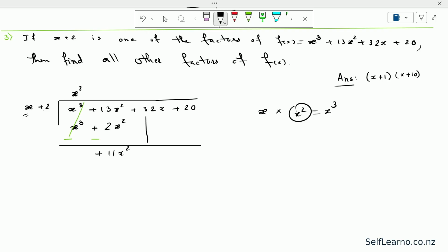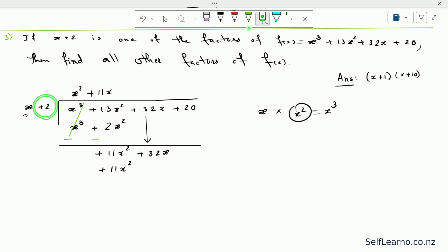I should bring this 32 over here, plus 32x. Here I have x and I want to obtain 11x squared. So this x is to be multiplied by 11x, then only I will get 11x squared. So x times plus 11x, I get plus 11x squared.